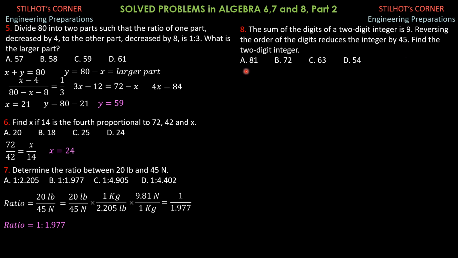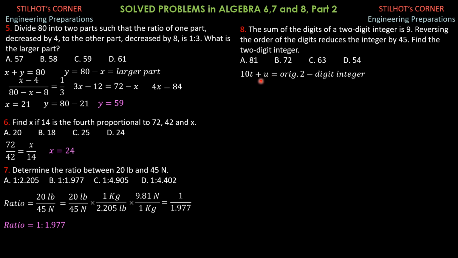So let's denote the original two-digit integer by 10t plus u, where t is the tens digit, u the units digit. Then if we reverse the digits, it is mentioned here that it reduces by 45.